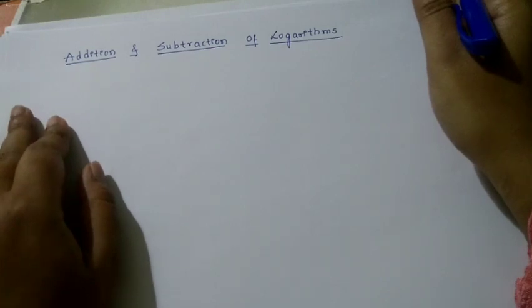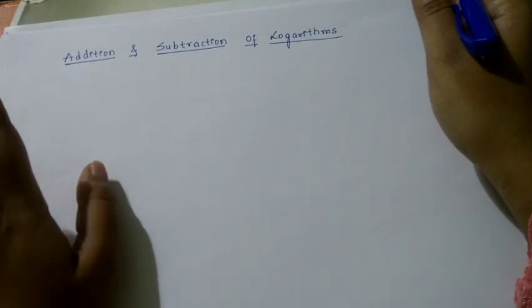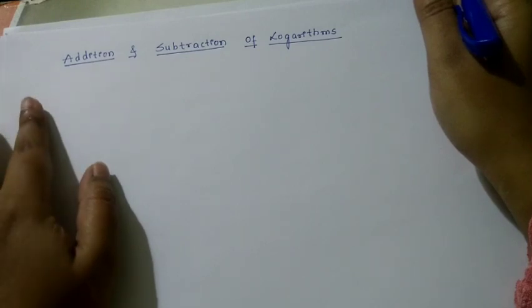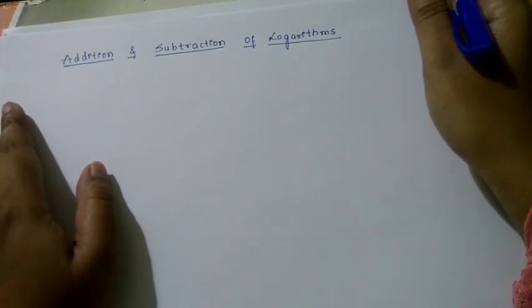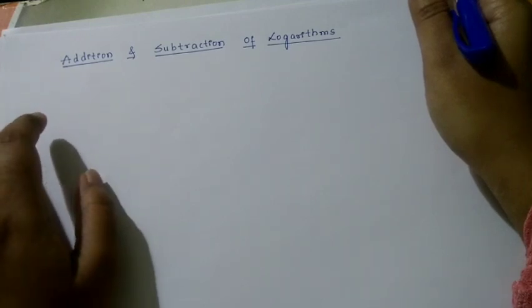As far as positive values are concerned, there is no change. Same positive values, as in mathematical steps. How do you add or subtract them? The same way. But when it comes to negative values, that is the bar values, there are certain changes. So now let me explain each one by taking a few examples.